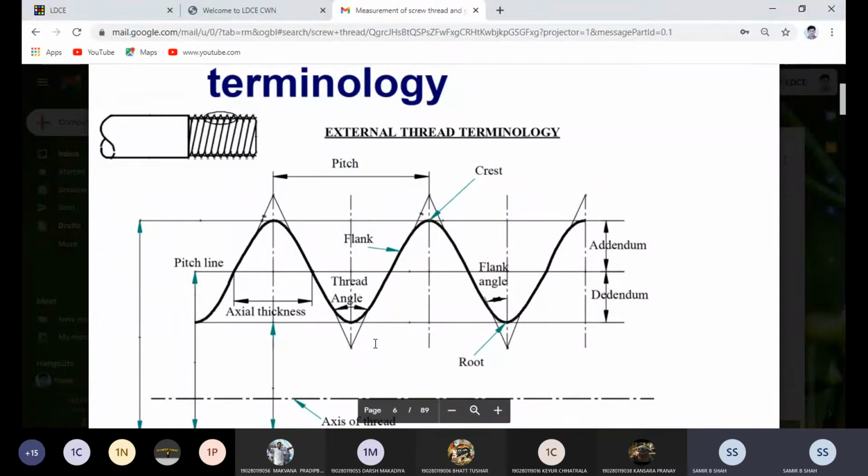In this method, we measure the effective diameter of the screw thread. How? One wire is placed between two threads.